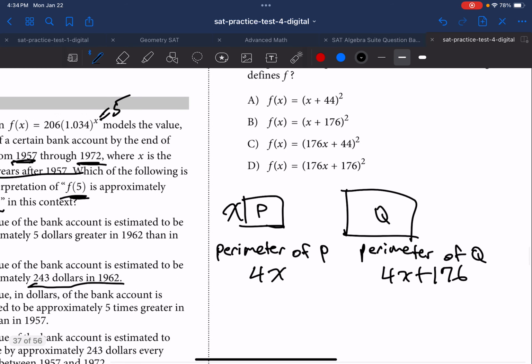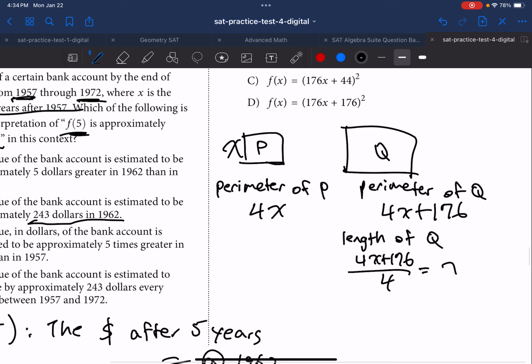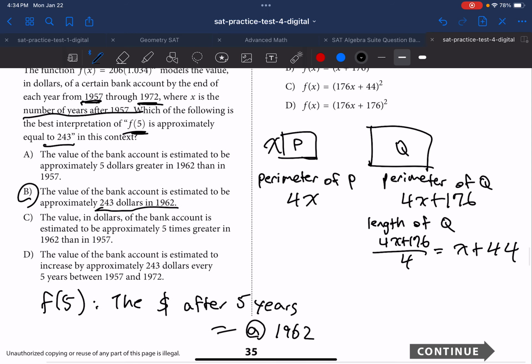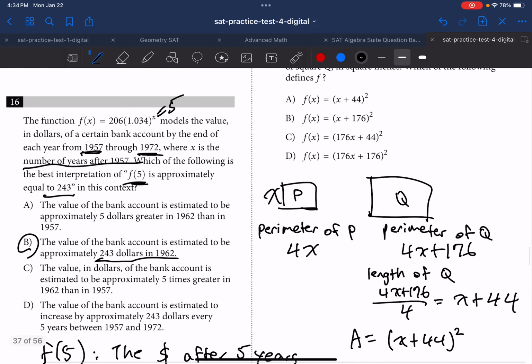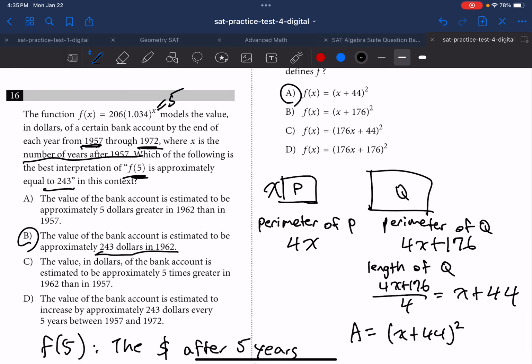So the side length of q would be (4x plus 176) divided by 4. Since there's 4 sides, it would be x plus 44. So the area would be this squared, which is the final answer for this question.